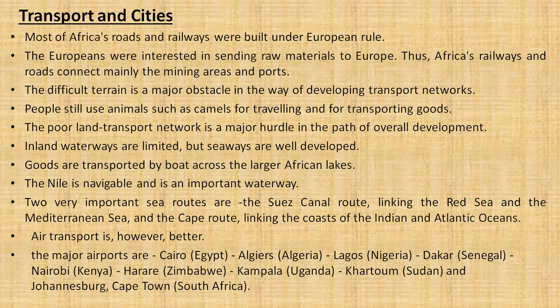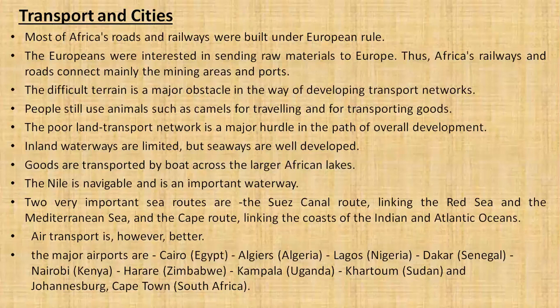People still use animals such as camels for traveling and transporting goods. The poor land transport network is a major hurdle in the path of overall development, and that is the main reason behind the undeveloped areas. Some countries, like South Africa, are well developed with good infrastructure, but the majority of countries do not have much infrastructure development, and therefore lack overall development.